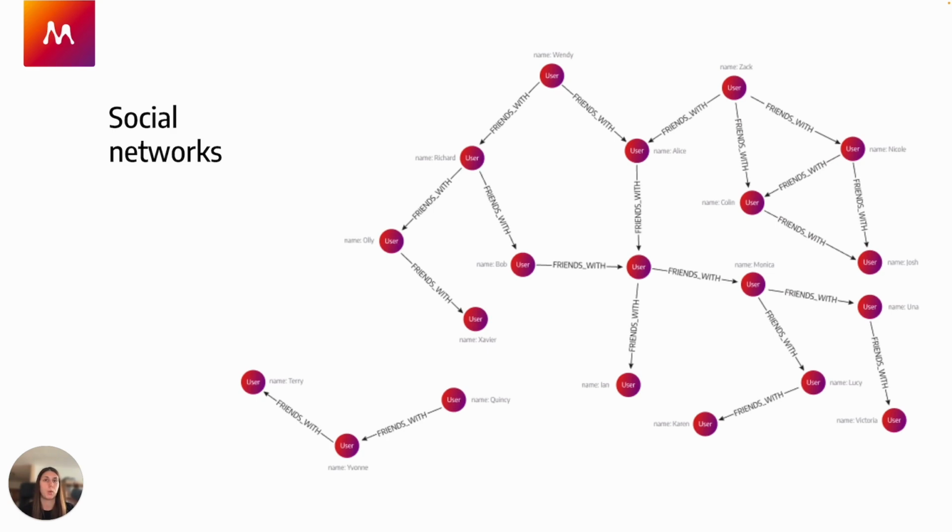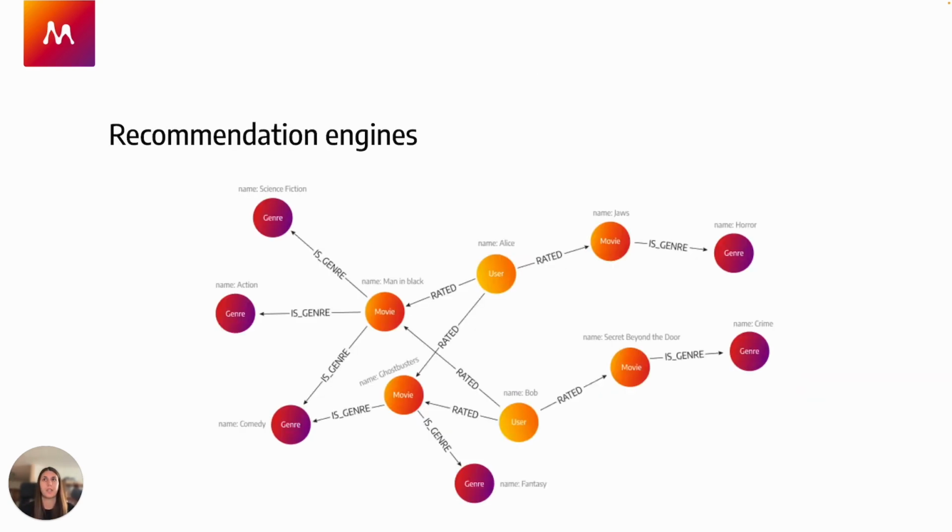It depends on what your use case is, but this is an interesting example of learning more about graph databases through social networks. Next, we have recommendation engines. Here we have nodes that are labeled with Movie, User, and Genre, and we have relationships of type RATED and IS_GENRE.